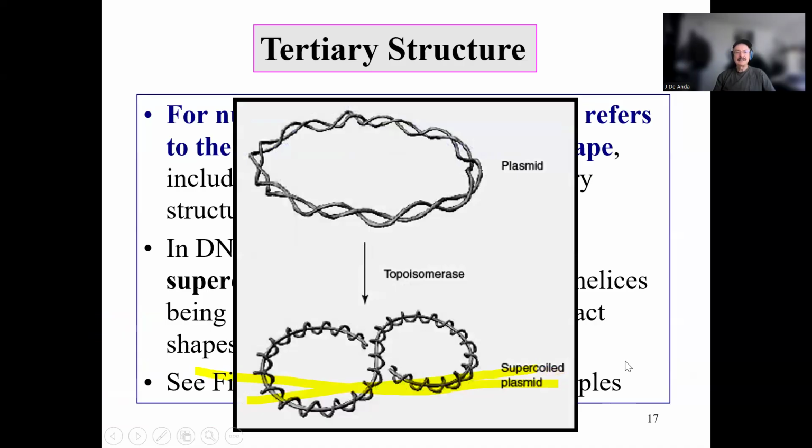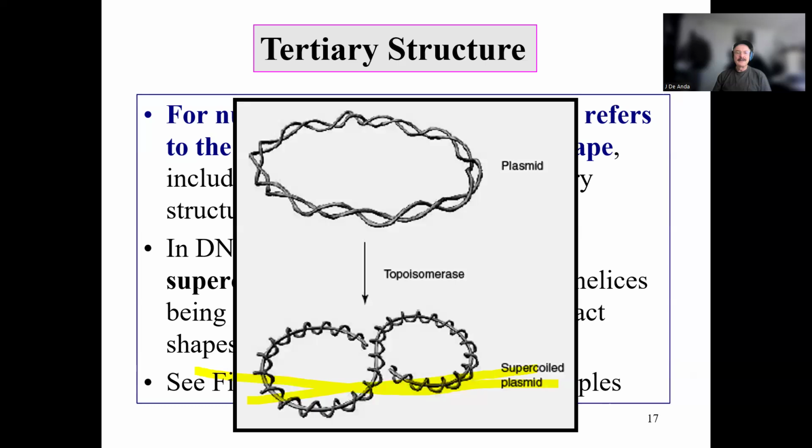But this is basically there are enzymes that can take, for example, this is what's called a plasmid. This is a circular molecule of DNA, and many bacteria have these kind of satellite pieces of DNA that are not part of the main genetic information of the bacterium.